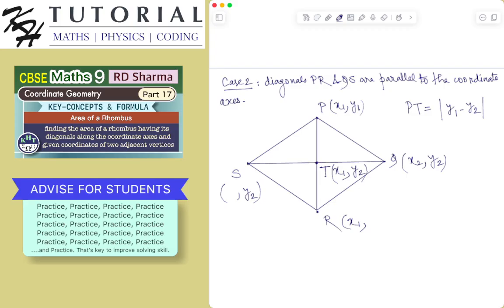The way I have drawn the diagram, you can see that the vertex R is below the diagonal QS.